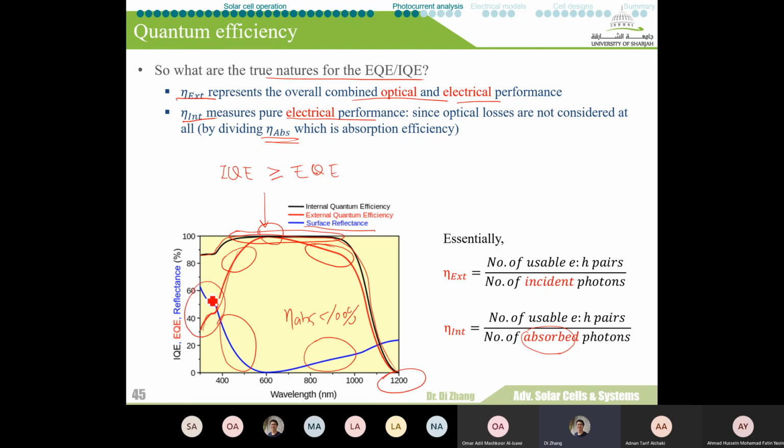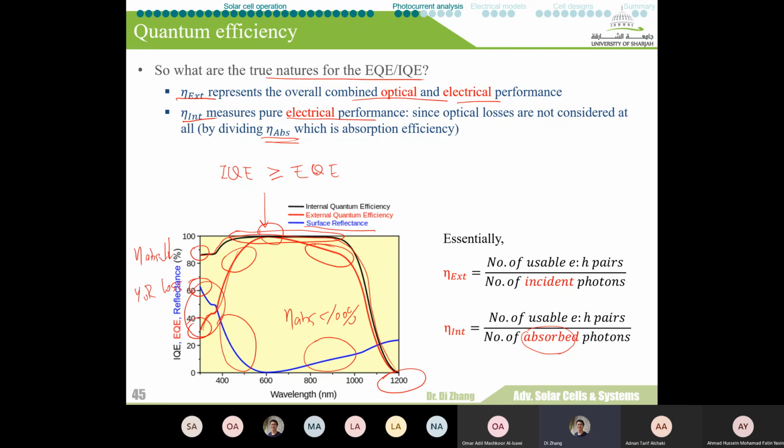Here we have very high reflection losses, so the absorption efficiency decreases. Therefore, even though we have 80+% internal quantum efficiency, the external quantum efficiency is much lower. It's only 30% or so.